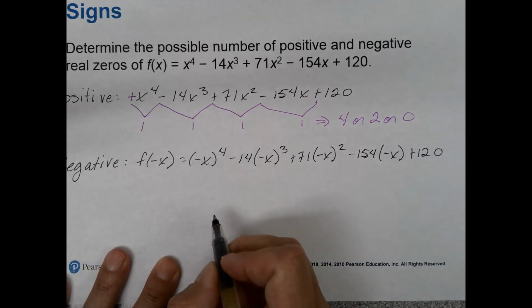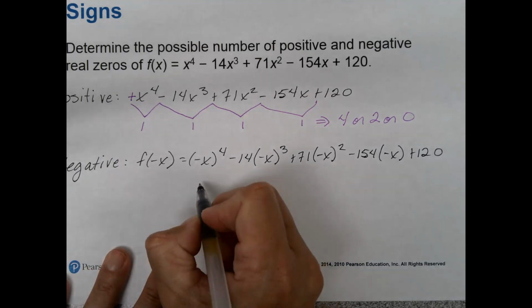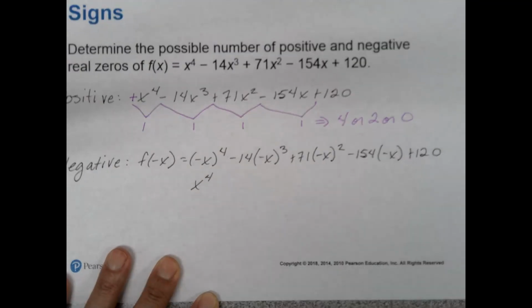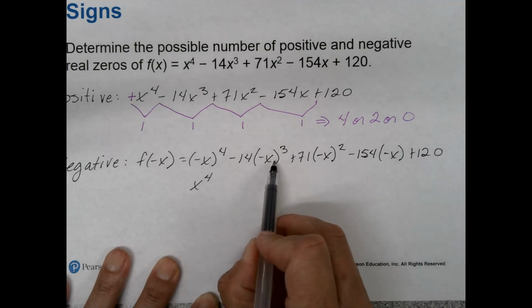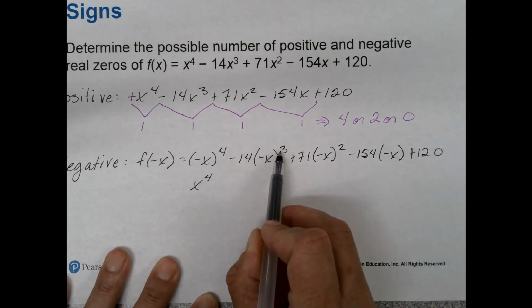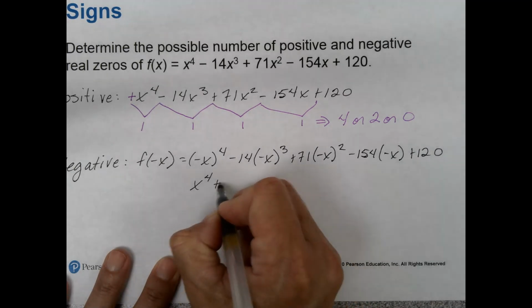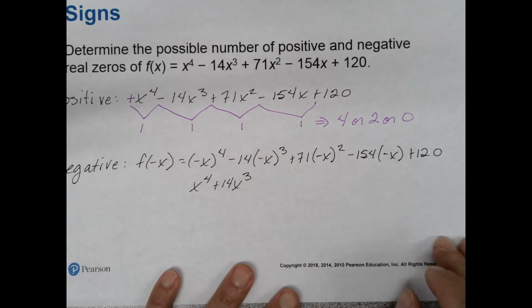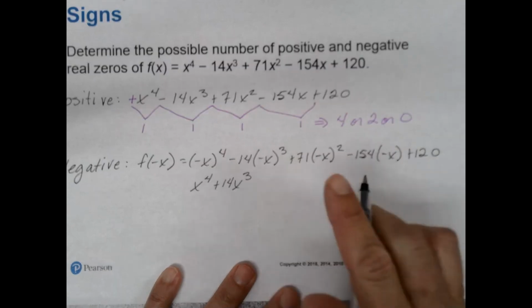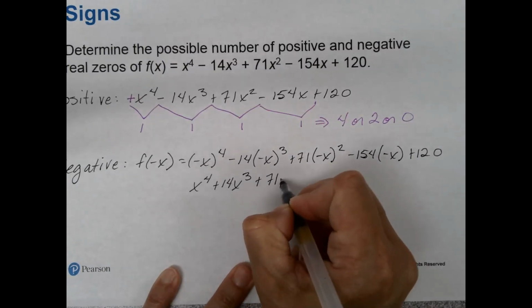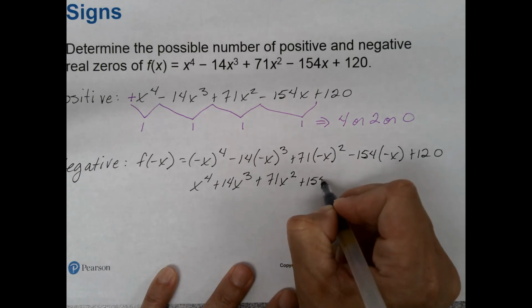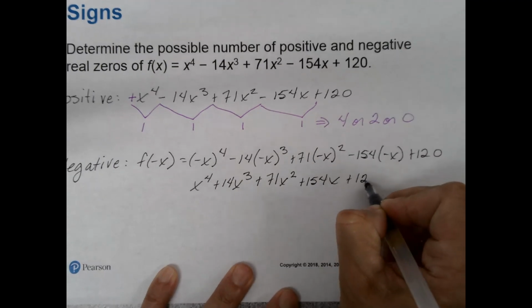Negative x to the 4th, well, a negative to an even power is positive, so that's just an x to the 4th. Negative x cubed, a negative to an odd power is negative, so it will multiply by the 14 to give me positive 14x cubed. Negative x times a negative x is a positive, so we get 71x squared. We'll get plus 154x plus 120.